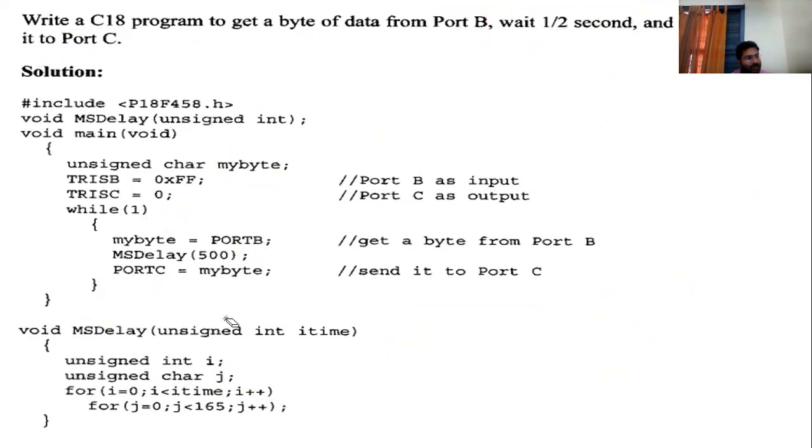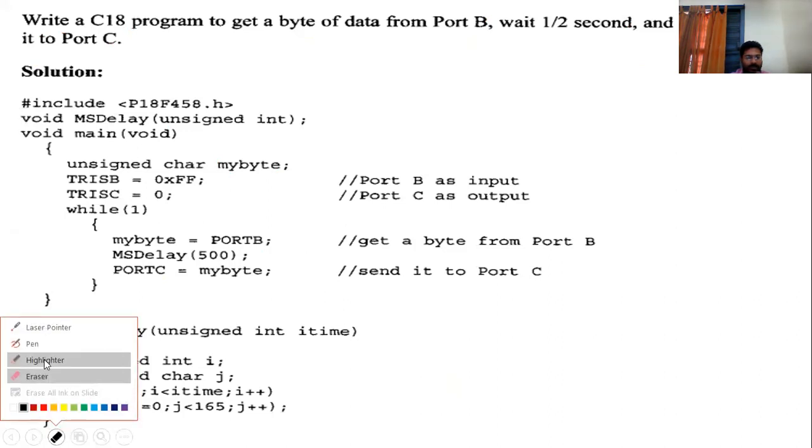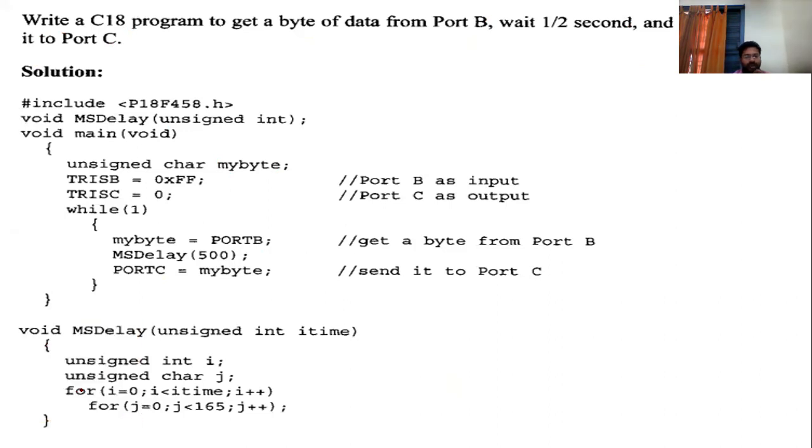This is a very easy operation. For i equal to 0, i less than i time, and i plus plus. How is this operation performed?